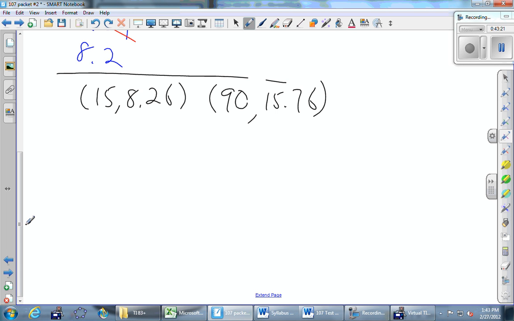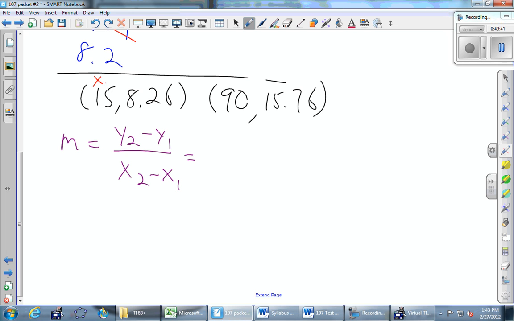What's the first thing you need to find if you have 2 points? Let's find the slope. Okay, so we are going to subtract the y's on top, and we're going to subtract the x's on the bottom. You don't need to do this, but I will just be really clear.